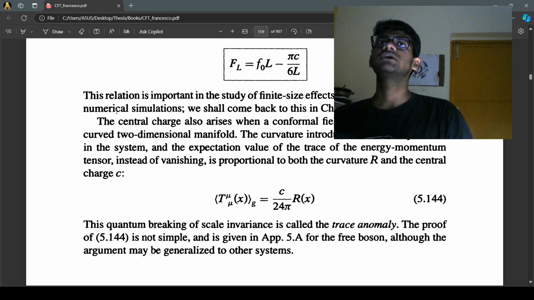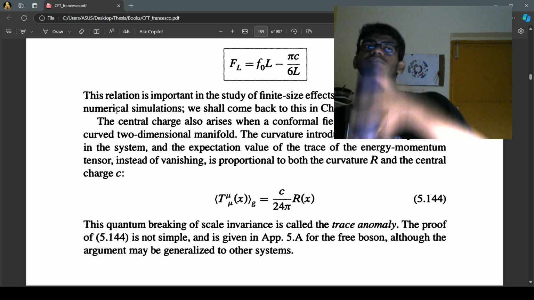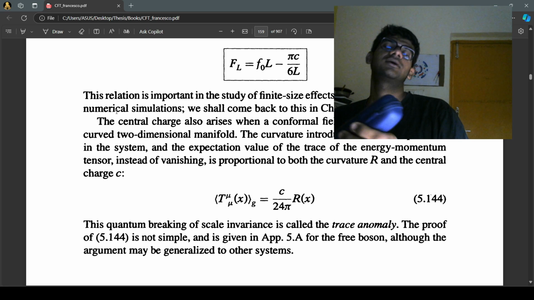This quantum breaking of scale invariance is called the trace anomaly. The proof of 5.144 is not simple and is given in appendix 5.8 for the free boson, although the argument may be generalized to other systems. So, the motivation for this session is to read the trace anomaly.